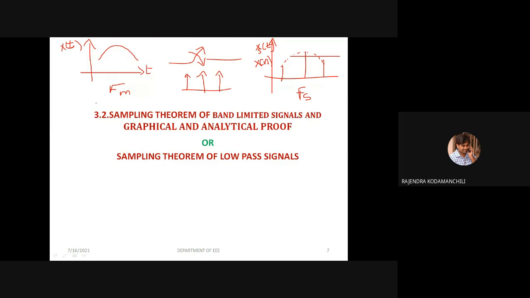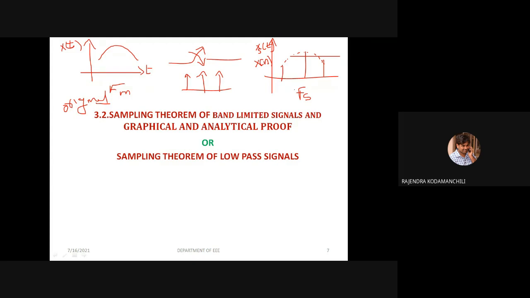The continuous time signal is also called the original signal. This original signal is converted into a sampled output signal or discrete signal through a sampler.